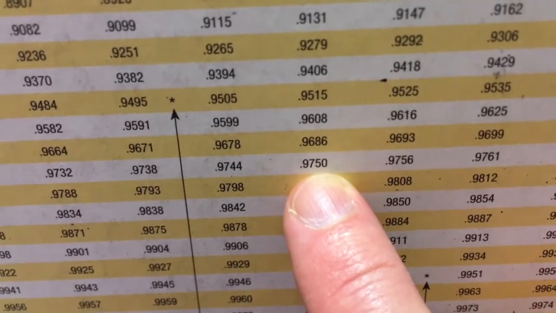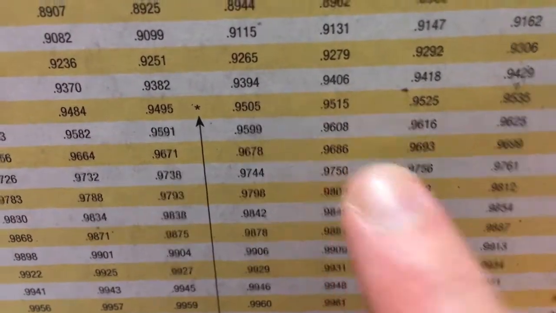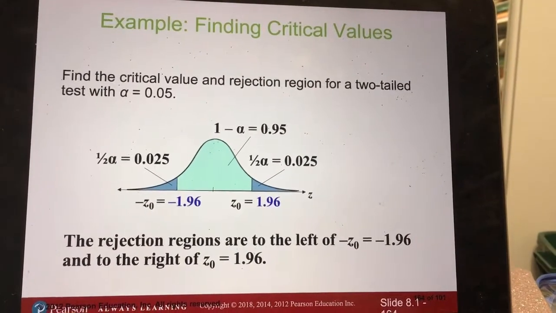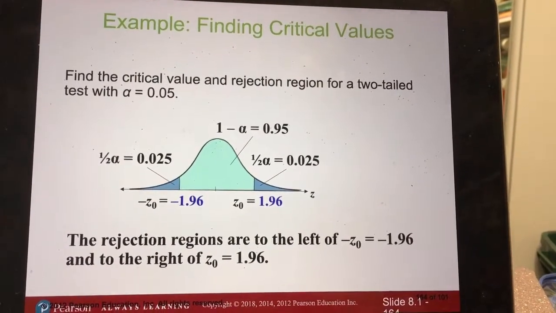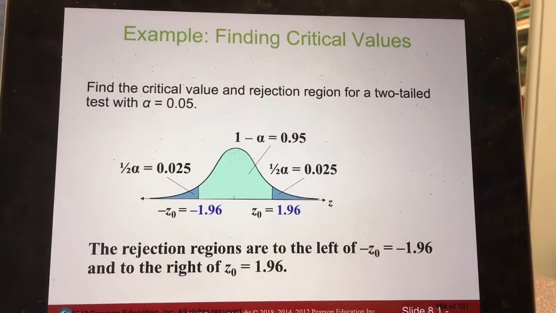You subtract that from 1, and guess what you get? 0.025. Isn't that really, really cool? All right, so that's how we're going to find the critical values there. Just look up the area that you need in the chart, because we are now using standard normal.